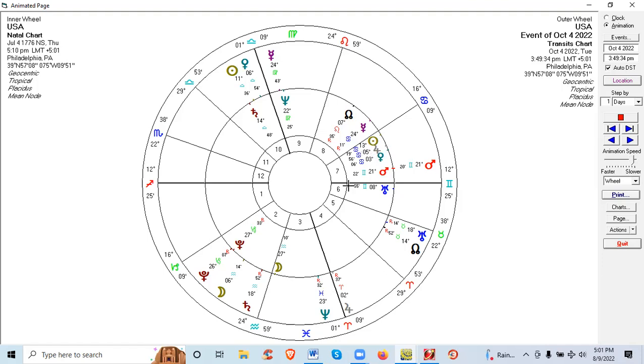So transiting Jupiter square the United States' Jupiter and Venus. Jupiter makes me think large scale. So large scale stuff is going to be affecting our values. Whoa.